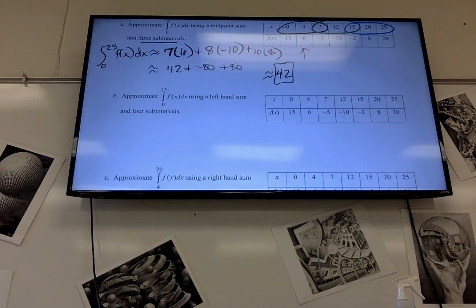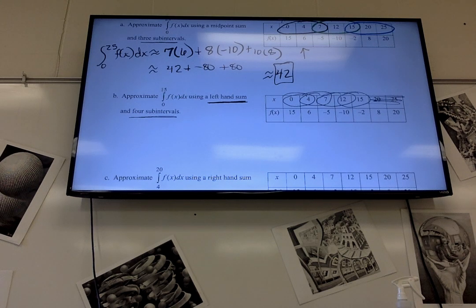Okay, so the next one is the same set of numbers. But this time we're using a left-hand sum, and we're using 4 subintervals. So I don't need groups of 3. I just need 4. And a left-hand sum. So we're going to go 1, and they've got to overlap because the rectangles have to touch. 2, 3, 4.